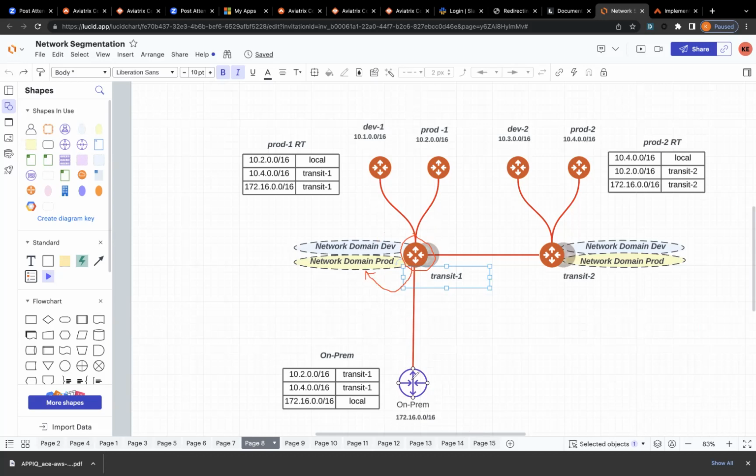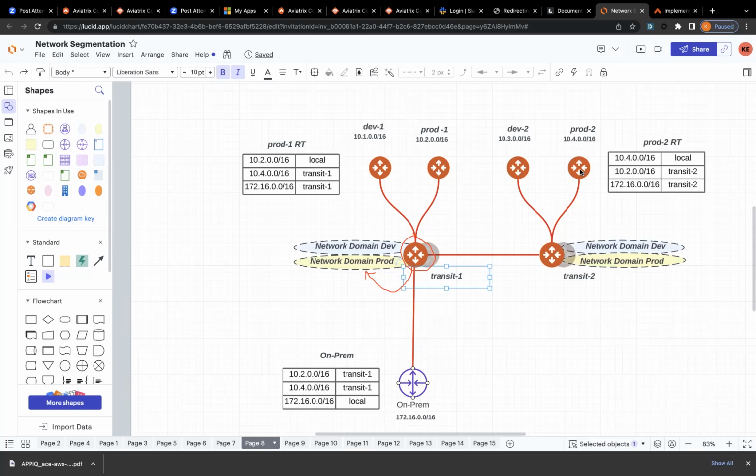So what's going to happen is now this on-prem site only sees 10.2 because it's part of the prod. It sees 10.2 and 10.4. It does not have the route to 10.1 or 10.3. Similarly, prod 1 sees 10.2, which is local, sees 10.4, which is again part of the prod, and it sees the 172.16 because the 172.16 is also part of the prod domain.